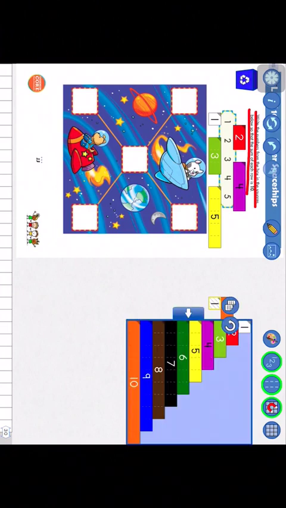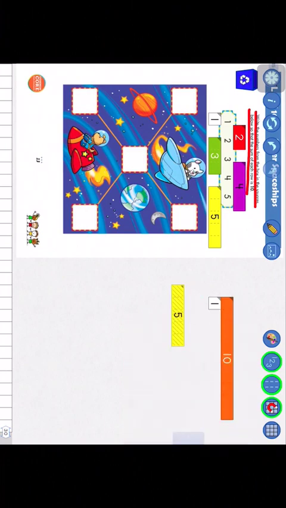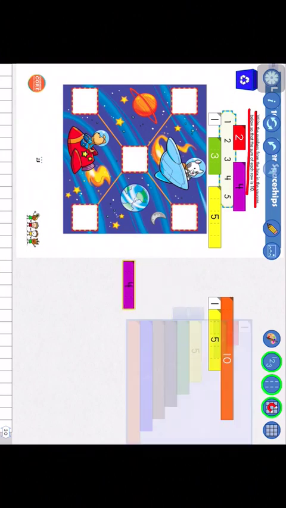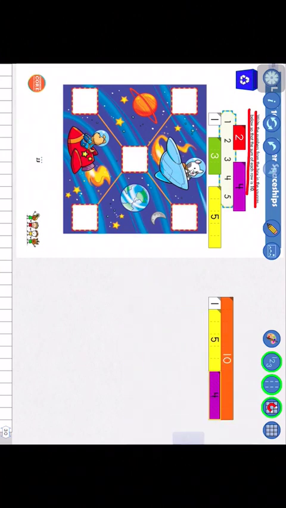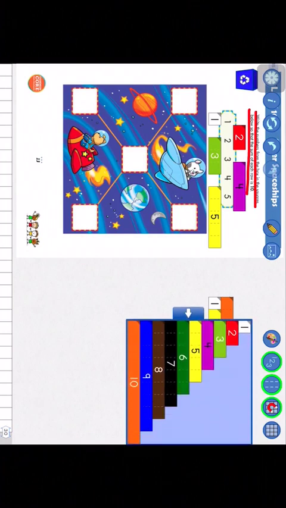So first we may have 1 and 5 and which one? And 4. So these three numbers can form 10.